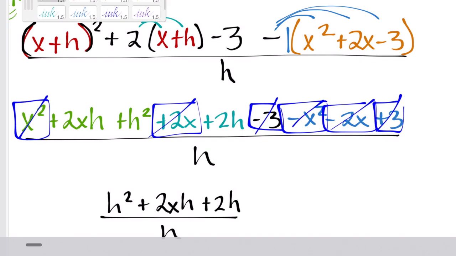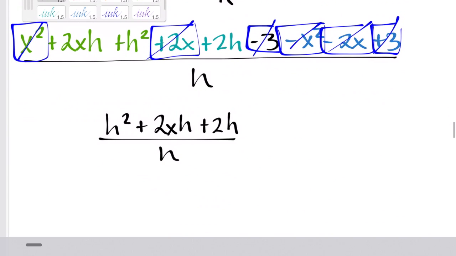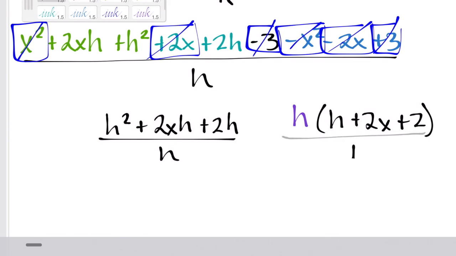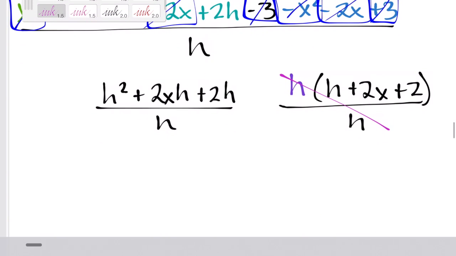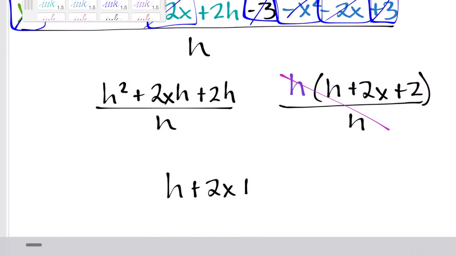It's a lot of h's. Actually, they have an h in common, so I could take an h out of the top, making it h plus 2x plus 2 on the inside, and cancel all that out with the h on the bottom. So my final solution here is just h plus 2x plus 2. Nothing more I can do with that.